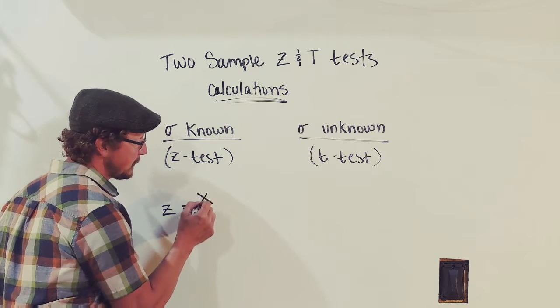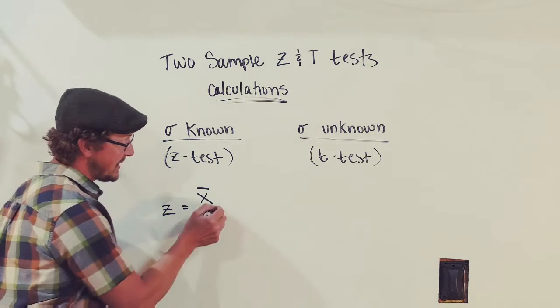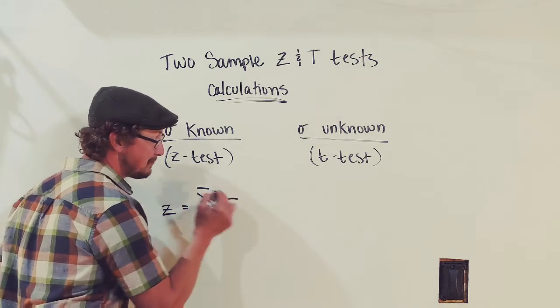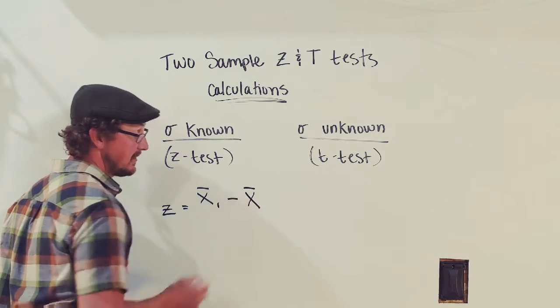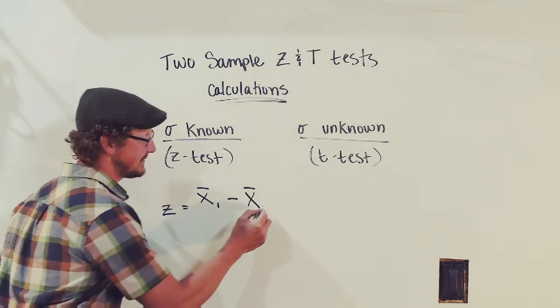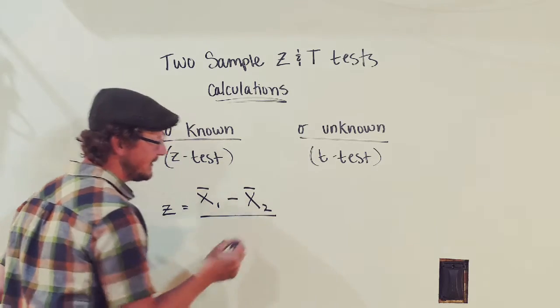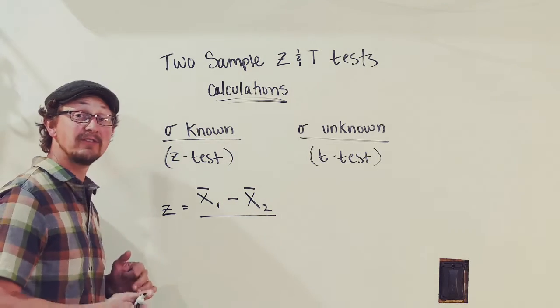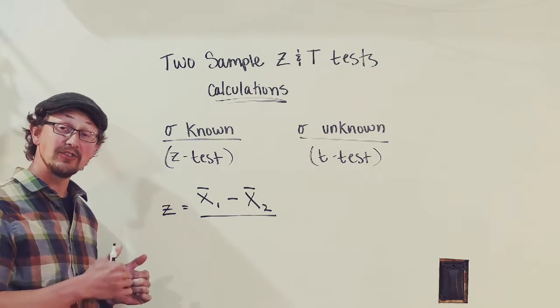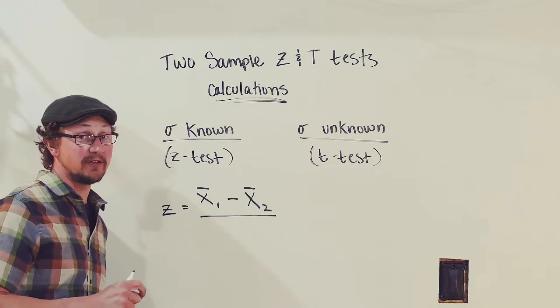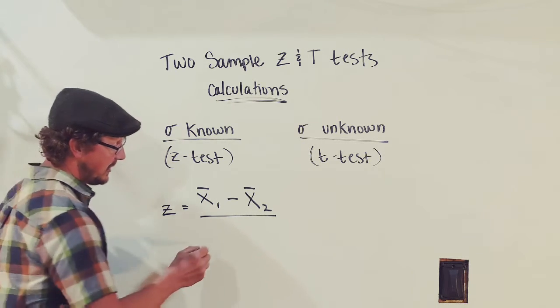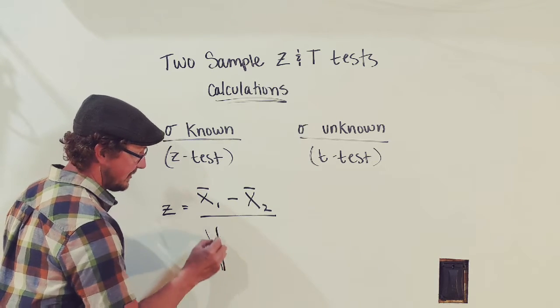So I'm going to take the sample mean from my first population and compare that to see the difference between the sample mean from my second population. And just like I have in the past, I'm going to divide by the population standard deviation, but this one is the difference between those population standard deviations, and so it's going to look like this.